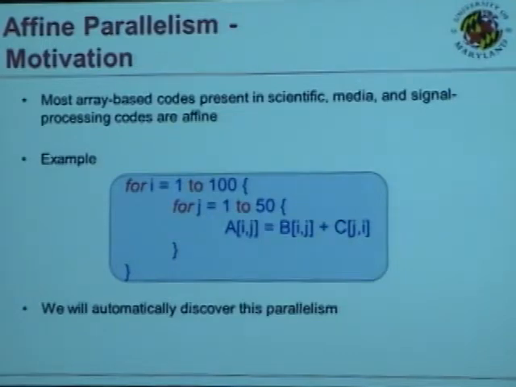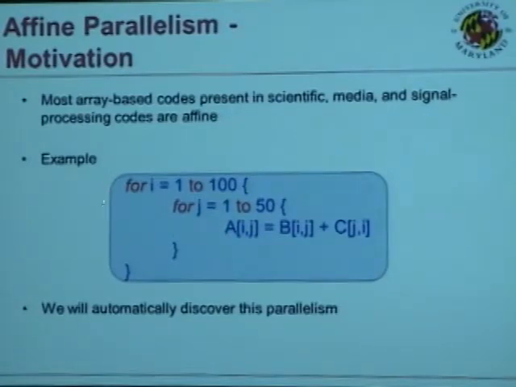Right? So now this piece of code happens to be affine. Now what's an affine piece of code? It's when you have code that consists of loops with induction variables. These variables called i and j are called induction variables. An induction variable is a counter variable, a variable that counts in a regular striding pattern.